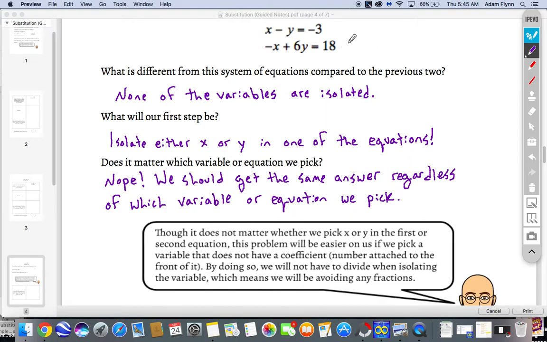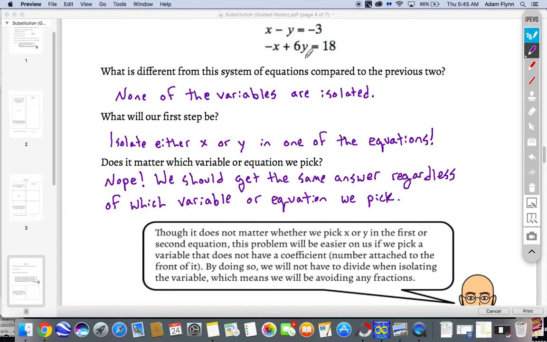So what that means is if I take a look at this bottom equation here, this y, let's say I choose to isolate that, this y has a coefficient of 6. So that means when I'm trying to isolate this y, I would add x on both sides, but then I would have to divide everything by 6. Okay?